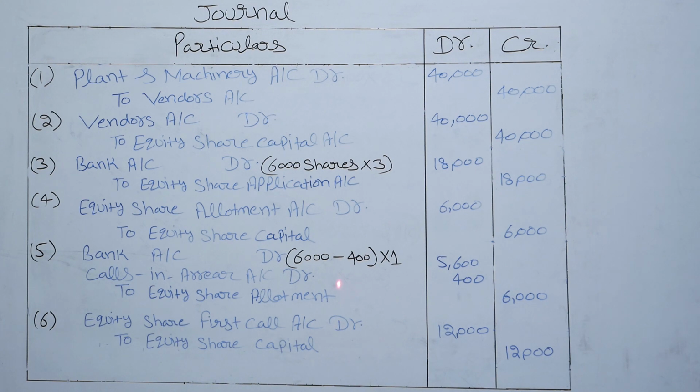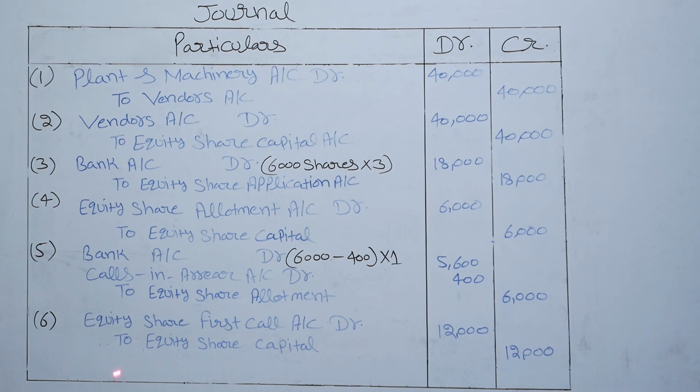So remaining number of share is 5,600 into per share value on allotment is 1. So in this way we get 5,600. Calls in arrear, it means we didn't receive money on 400 share. So 400 share into 1 rupees, then we get 400. So total is 6,000.